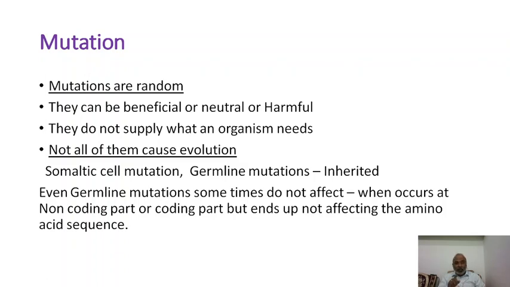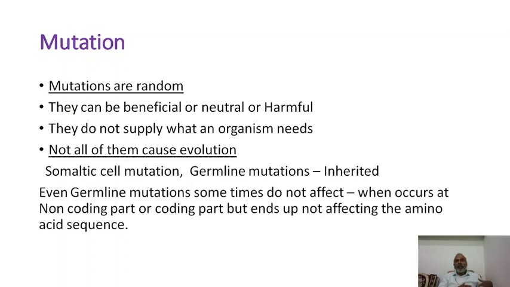And not all mutations cause evolution. Mutations are classified into two types. Mutations occur in the DNA of somatic cells, and mutations occur in the DNA of germ cells. Somatic mutations and germline mutations.